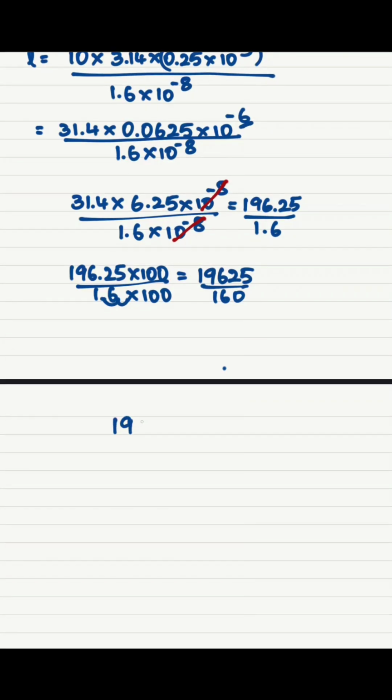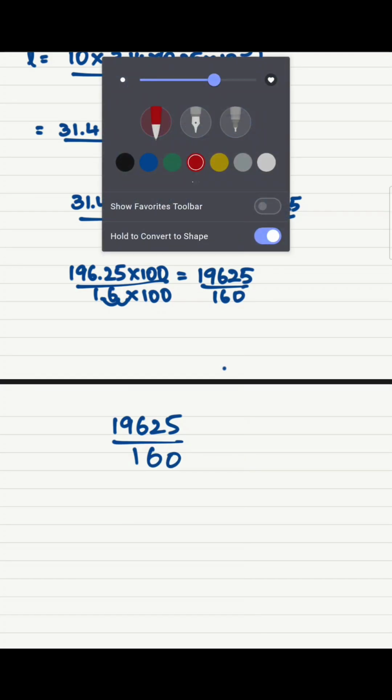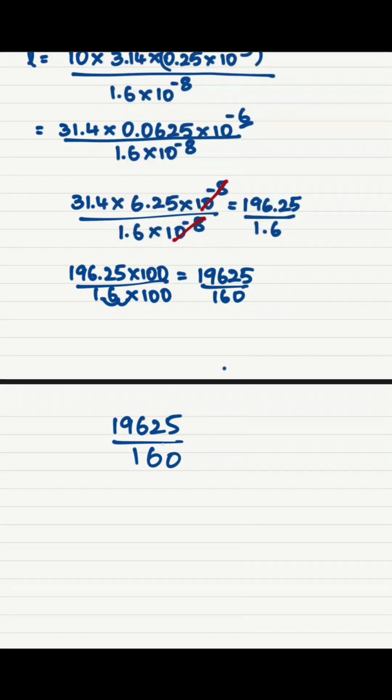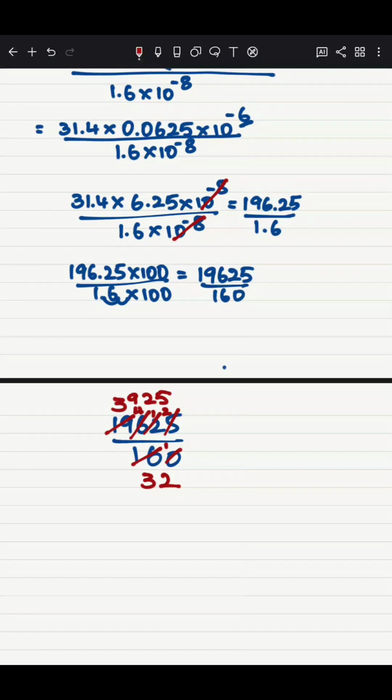19625 divided by 160. 5 3s are 15, 5 2s are 10, 5 3s are 15, 4 remainder, 5 9s are 45, 1 remainder, 5 2s are 10, 2 remainder, 5 5s are.